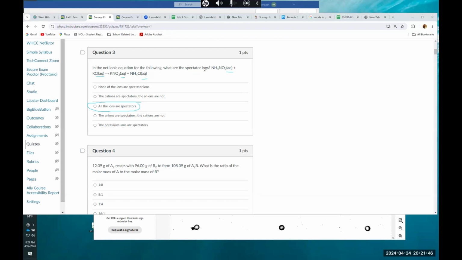Now, if you had to do something, what you would do is break these into their ions, and then figure out what's left over, what formed a solid. So let me give you an example. If I have silver nitrate reacting with sodium chloride, and they're AQ over here and AQ over here.